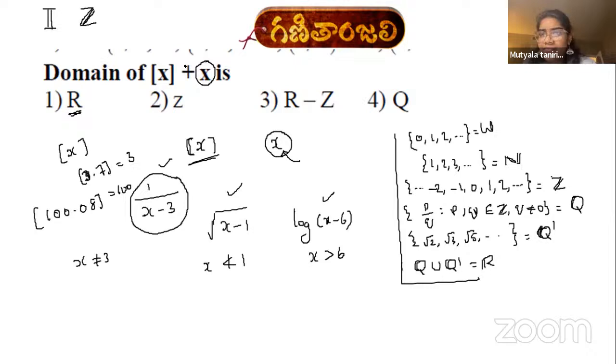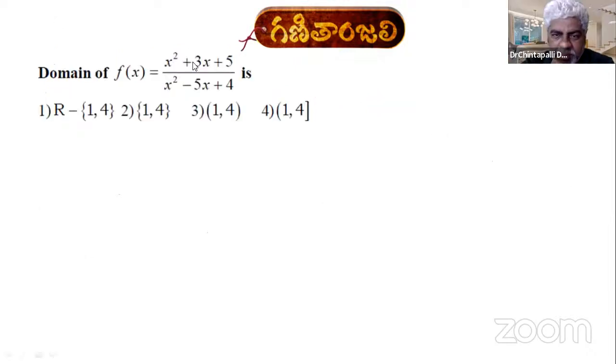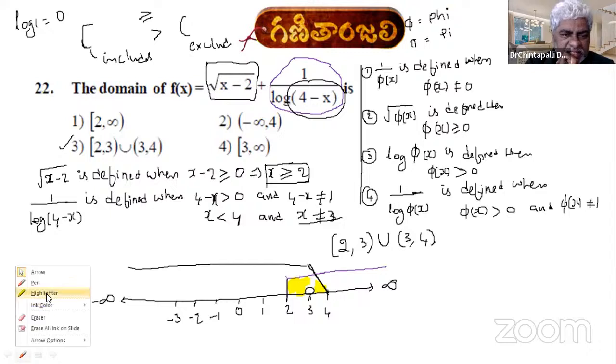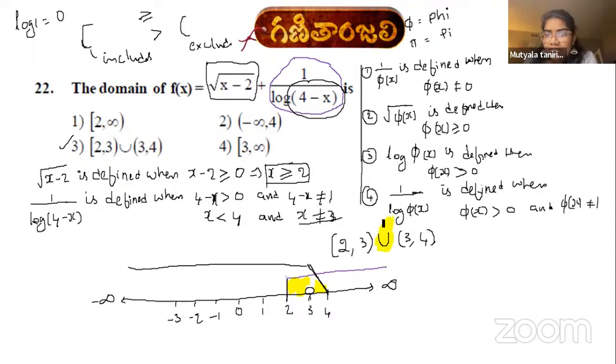When functions are added, we use the union symbol to combine the domains. The left side is the domain of the first part, the right side is the domain of the second part. So the total domain is first part union second part.